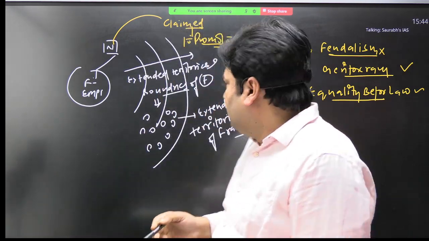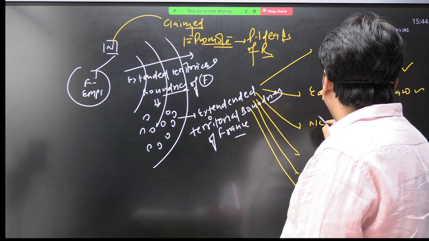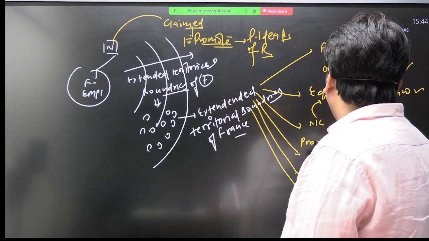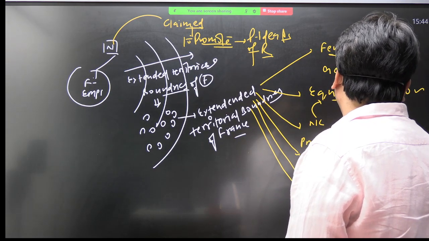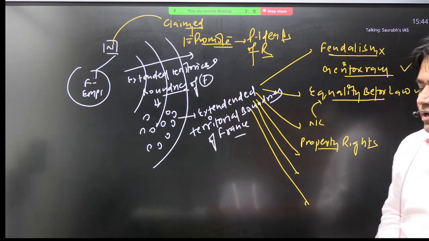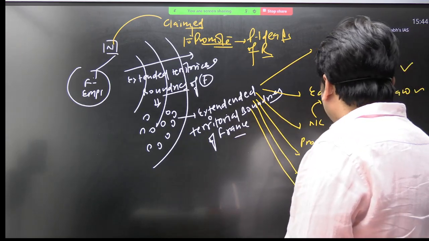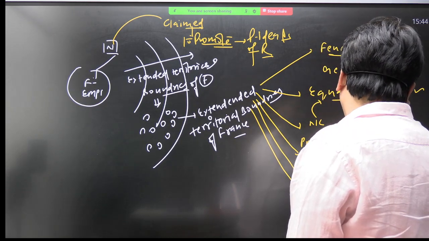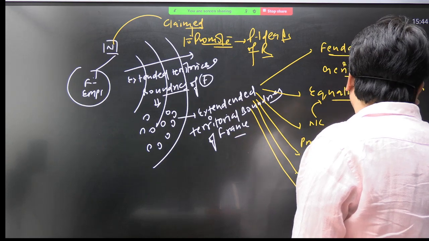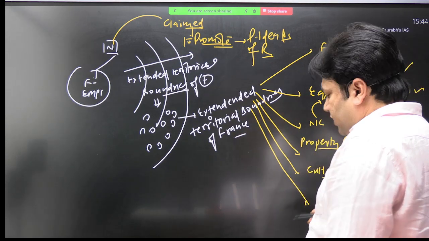Okay. When Napoleon will bring the Napoleonic Code, what will happen? Property rights. The people will be familiar with the property rights also. A kind of culture of religious tolerance will be promoted. Why am I saying that a kind of culture of religious tolerance was promoted?